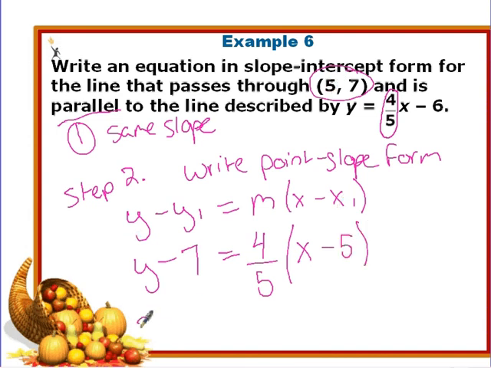And then step 3, in order to get it into slope-intercept form, because that's what they want, step 3 is to solve for y. So we'll distribute this 4/5 through here. I'm going to have to erase some things in order to make space, so make sure you have everything copied down.